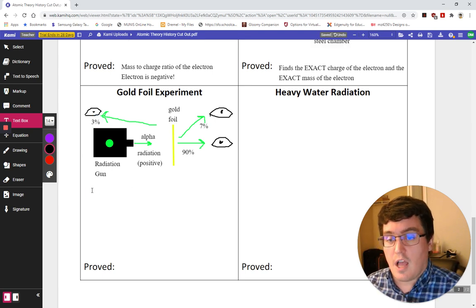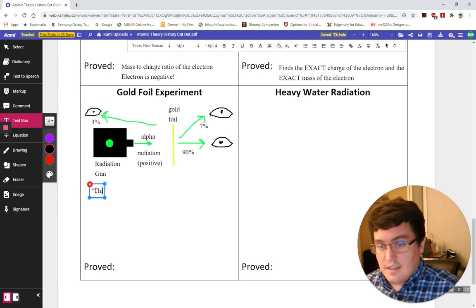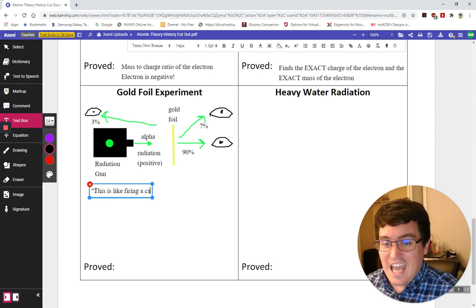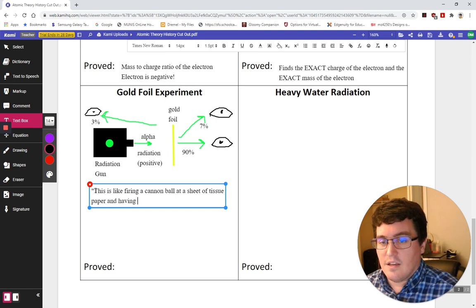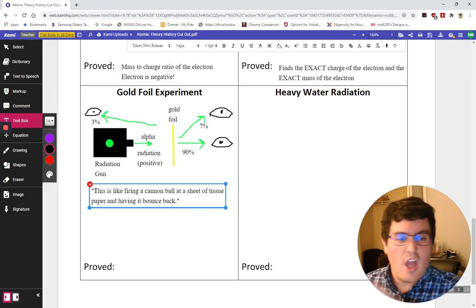In fact, he was so shocked, he said, this is like firing a cannonball at a sheet of tissue paper, and having it bounce back. He wasn't the only one who was amazed by these results.